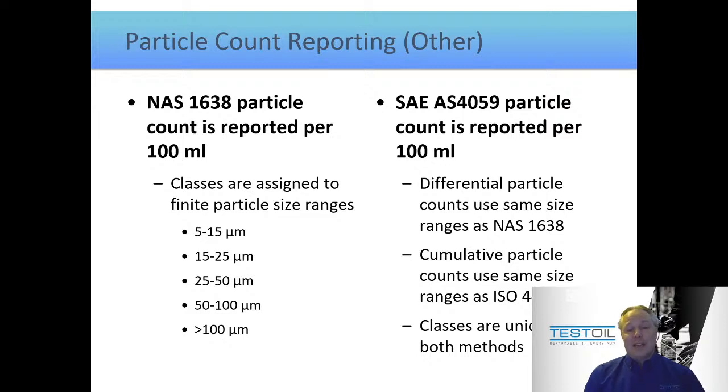It really is a setting on the instrument that we have, and we can tell it to report it to us differently. The count is all done the same. The reporting is all done through software. It's no problem to change it over to SAE or to NAS. So I highly encourage you to make sure that you're matching a true count to your requirements rather than taking whatever count your lab gives you and trying to convert it to whatever necessary format you think you need.